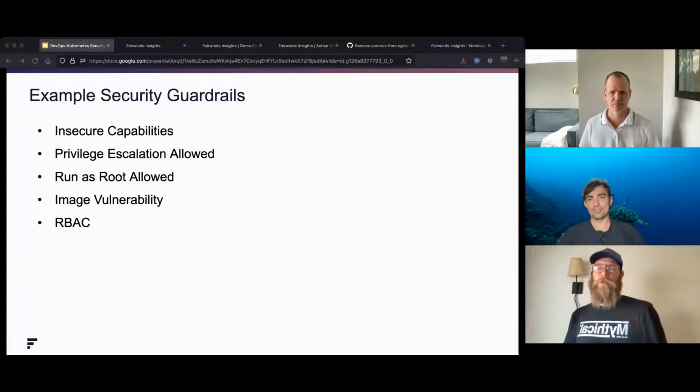Okay, let's talk about image vulnerabilities. Robert, this is when I'm deploying my Log4j in my container, right? Or is it something different? Yeah, no, this is a really important one. So every container that you deploy into your cluster has probably a base operating system, like Alpine or Ubuntu, and then it has some binaries installed on top of that.